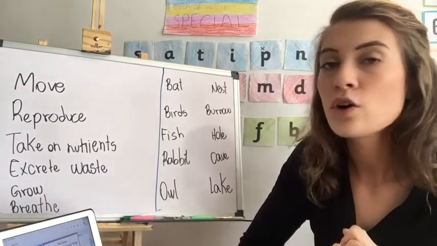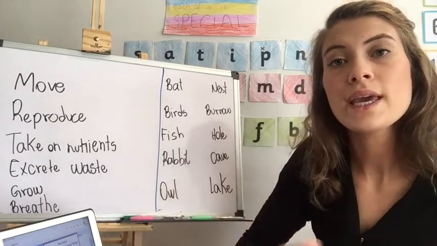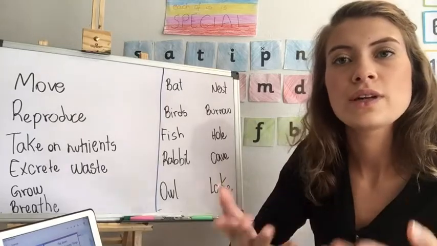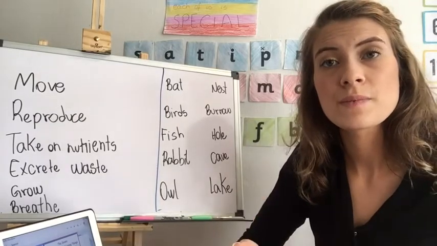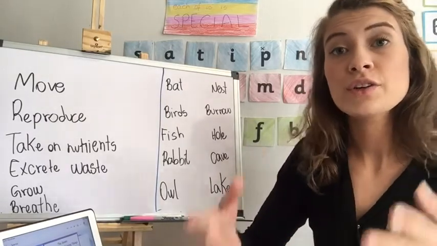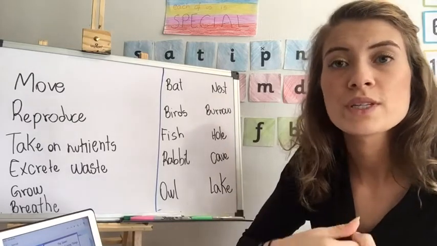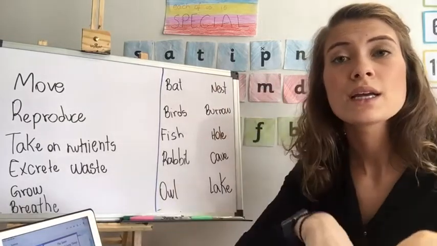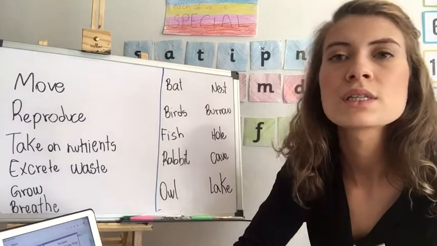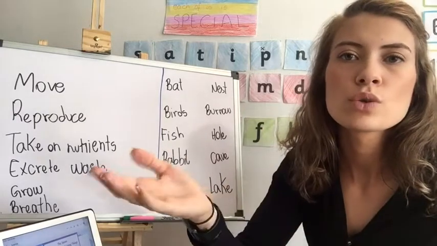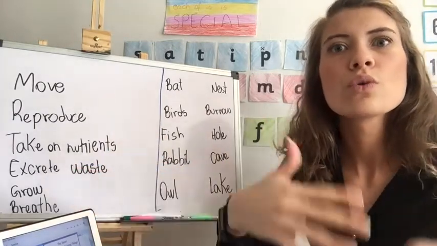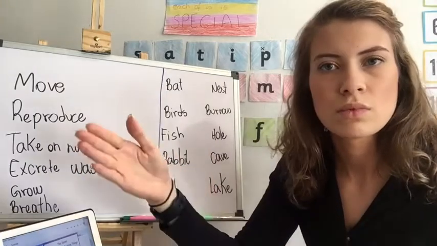We can take on nutrients. When we eat, or any other animal eats, we are nourishing our body, which means we are putting inside our body some nutrients that help us to do what we need to do in our day.